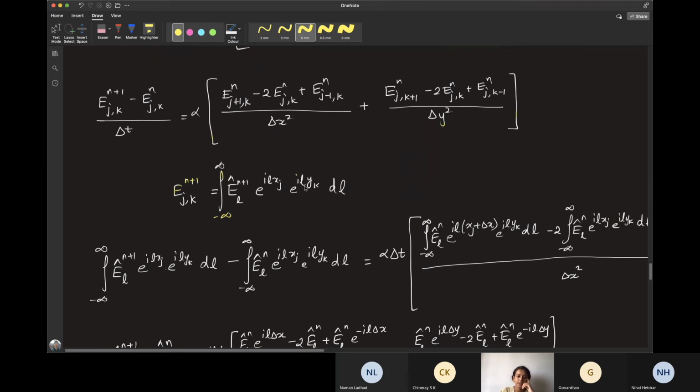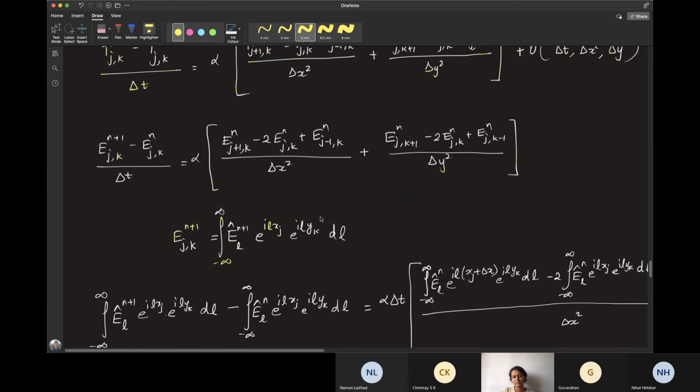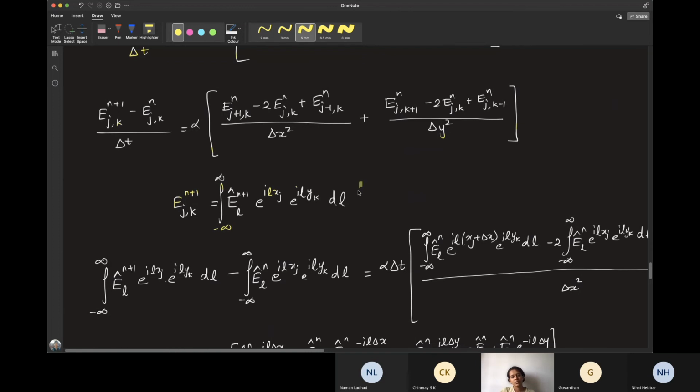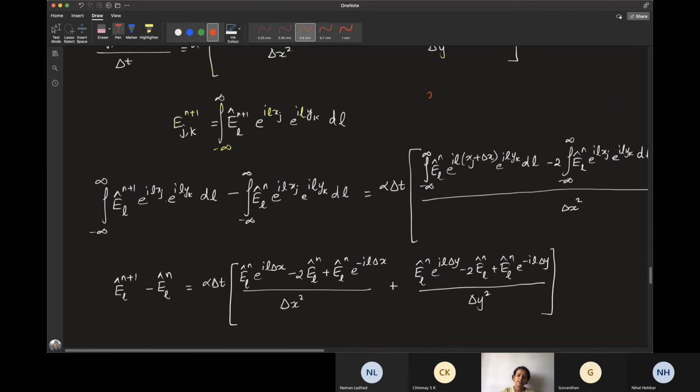Here we are converting both x and y to k. Sorry, L here, because we are using k for discretization in y, so I'm using L as the Fourier transform variable in the Fourier transform space. So it's like x comma y going to L.